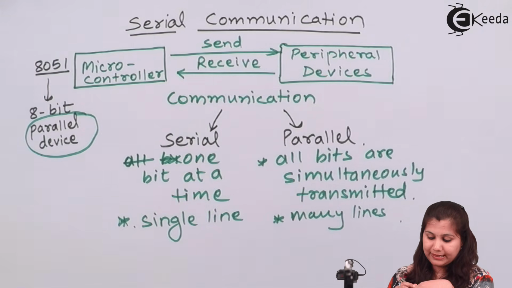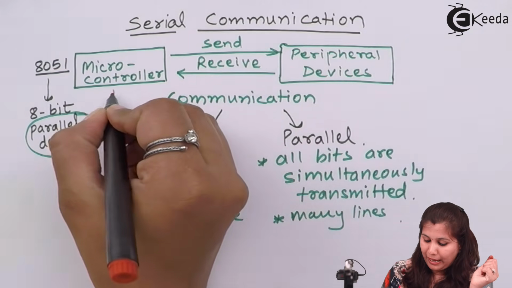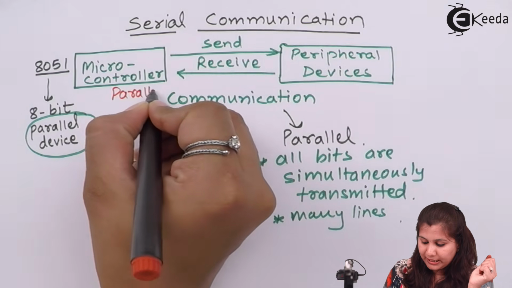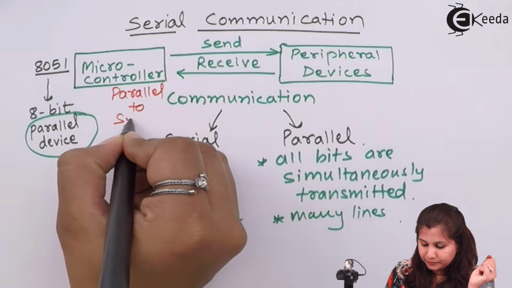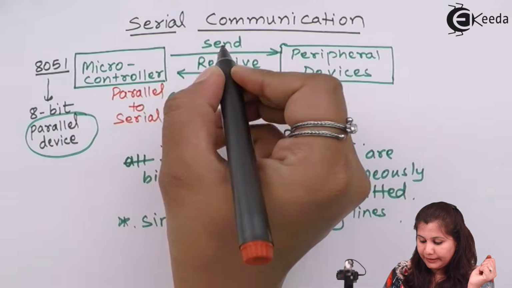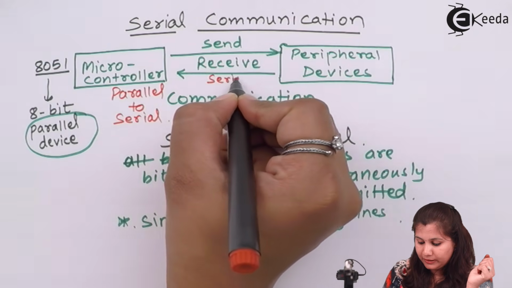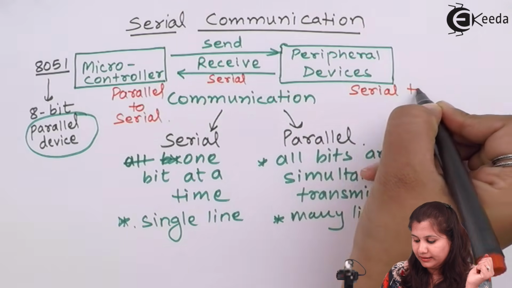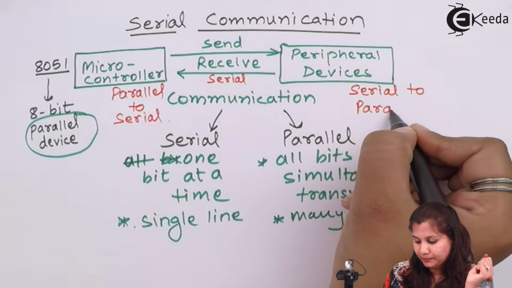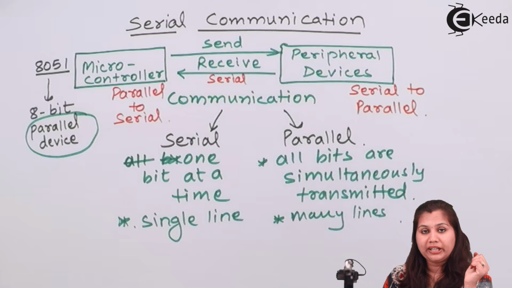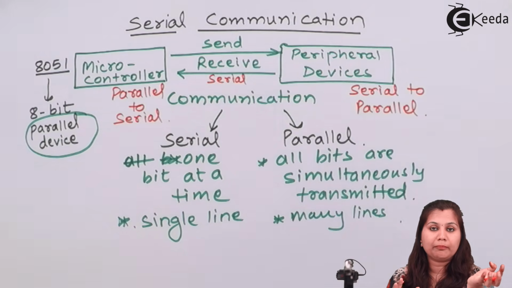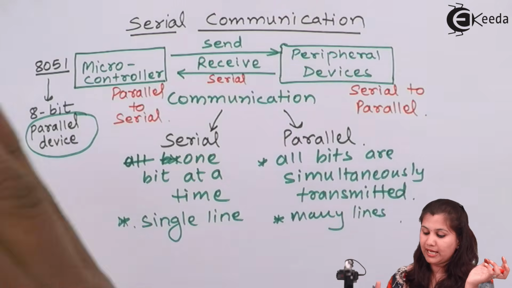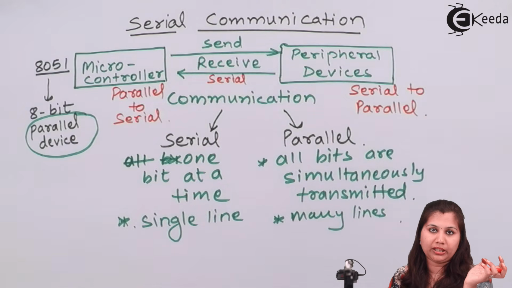So at this place parallel to serial conversion takes place, then serial data is transmitted, and here serial to parallel conversion takes place. Whenever we study the communication or transmission of data over long distances, we use serial communication.